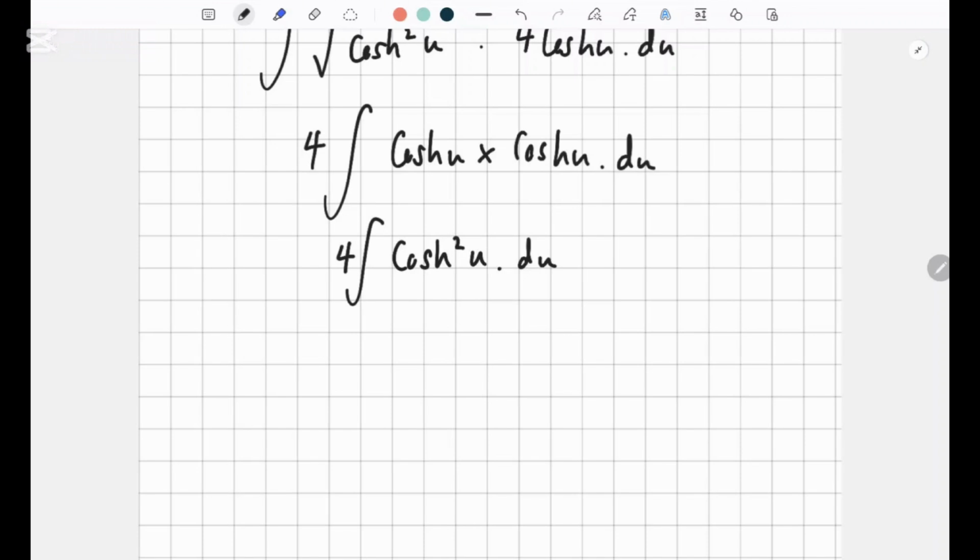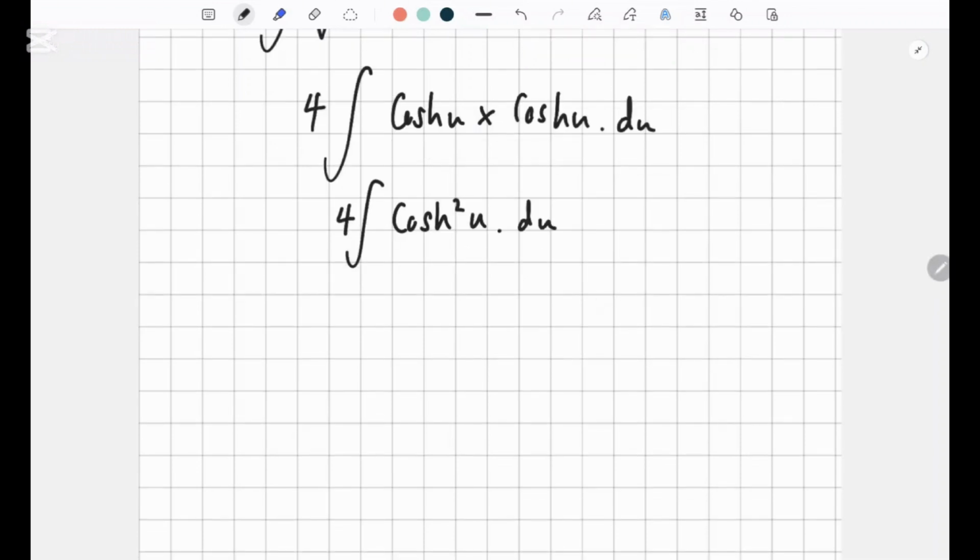So what you can do now is, you should also know that cosh u equals e to the power minus u plus e to the power u over 2. So you have to know that.